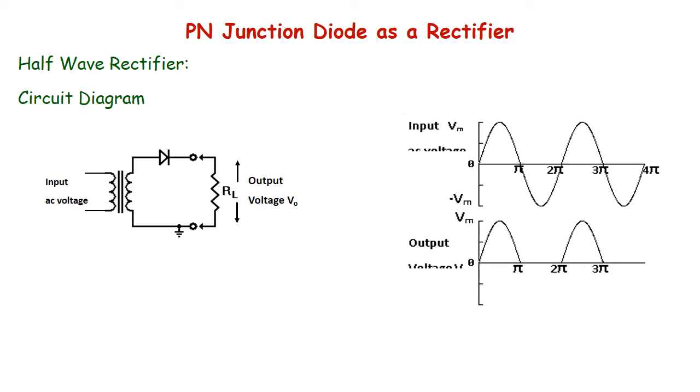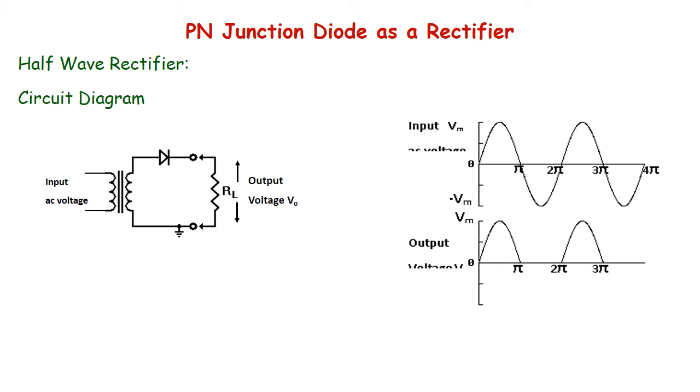Now let's start with a half wave rectifier. I said this is the first step of converting AC voltage to DC. If you look at your applications in daily life, you have adapters and phone chargers that require DC voltage, and the magnitude of the DC voltage required is small.